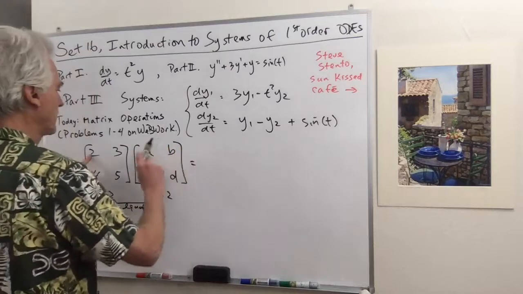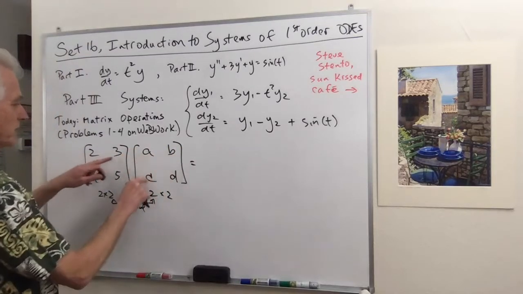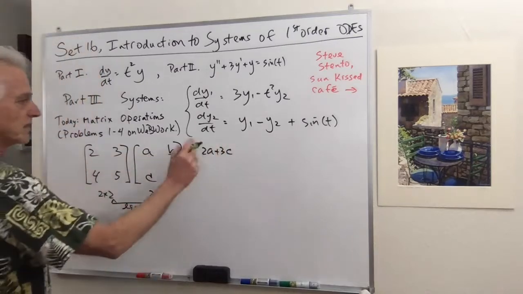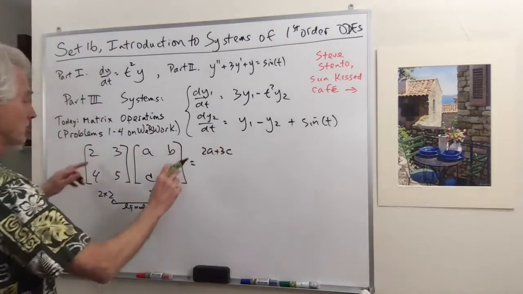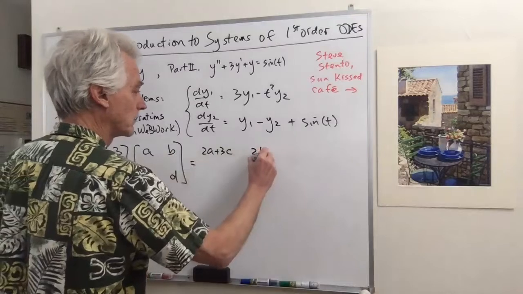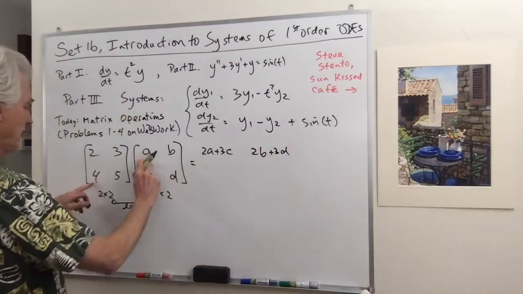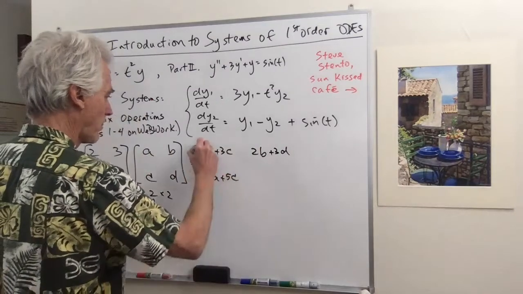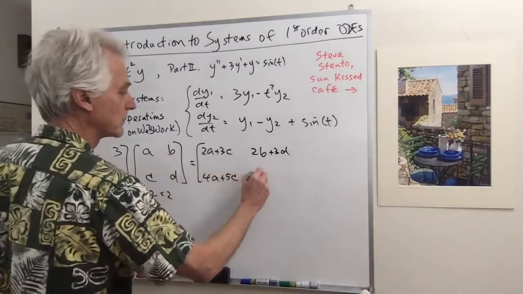And what is it? Well, I do that times that plus that times that. So I get 2a plus 3c. That's in the upper left entry of the result. Then upper right, I get 2b plus 3d. And then I have 4a plus 5c. And then I have 4b plus 5d.